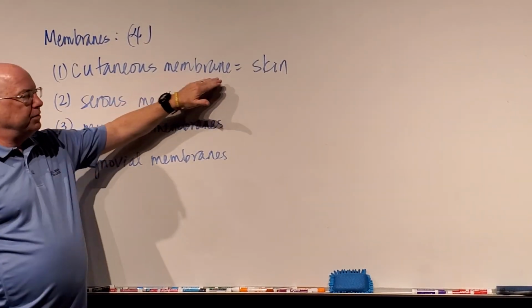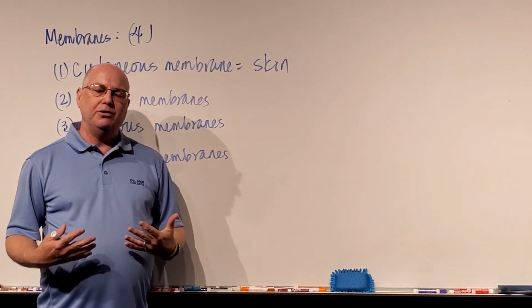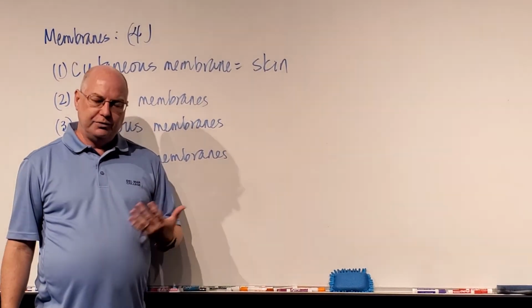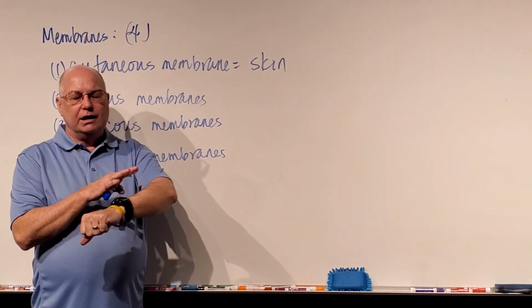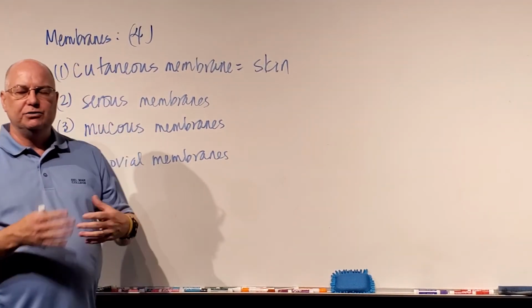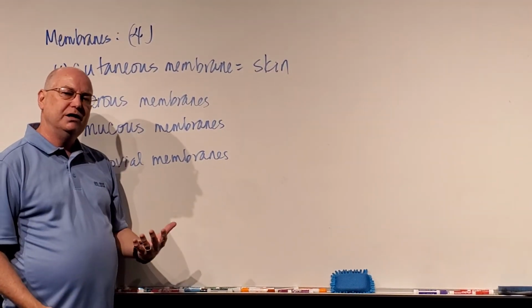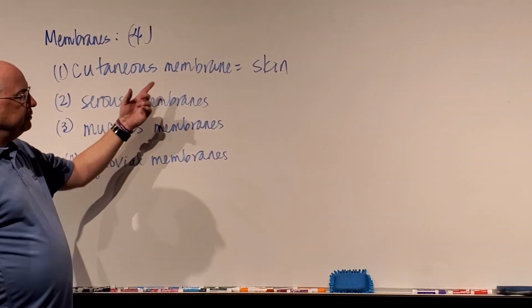The cutaneous membrane is our skin. Our skin is our barrier and our boundary to the outside world for the most part. And so it provides protection, it controls permeability, it does some secretion and isolation. We're going to talk about the functions of the skin in the next video. But ultimately, it's called the cutaneous membrane. It's your skin.